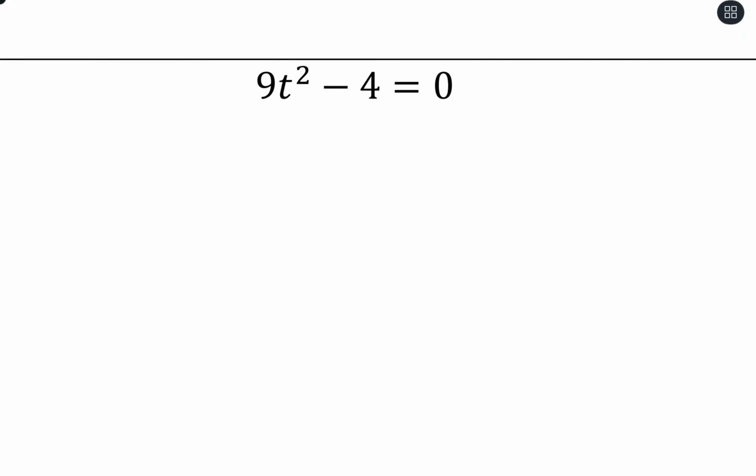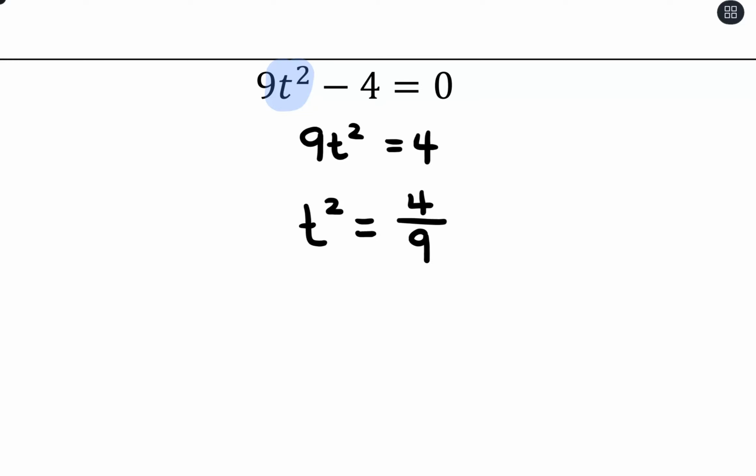Okay, another scenario here. This is where we don't have our bx term. So what I could do is move things so that I am isolating t squared alone on one side of the equation. So I'm going to add 4 to both sides and divide by 9. Some students want to try to take the square root at this point, but we want t squared completely alone. So I need to use that step of dividing both sides by 9, so then we have t squared equals 4 divided by 9.